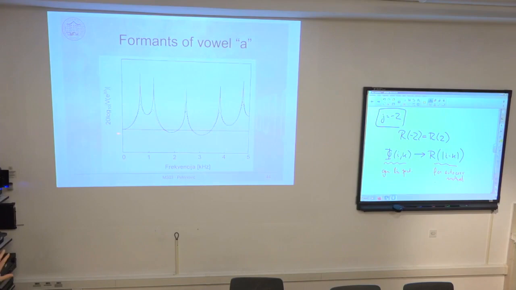These vocal tract characteristics that are modeled by short-term correlations are directly related to the so-called formants. Formants are frequencies where your vocal tract has a significant gain.